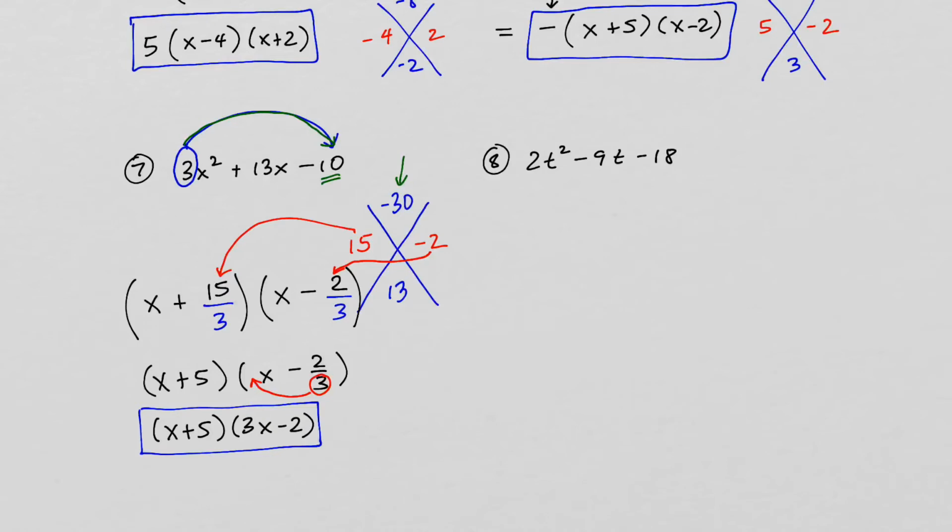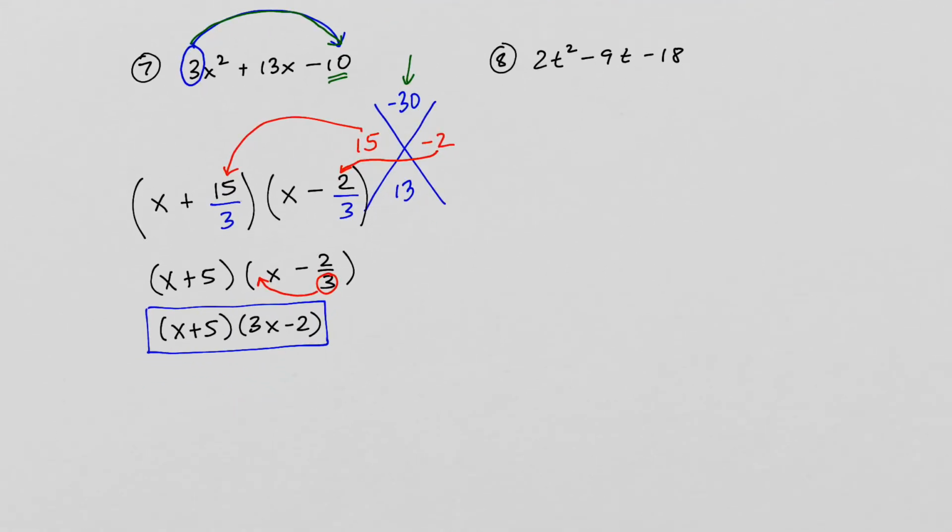Now, if you don't believe that, you can always check your answer. So you can multiply this out. X times 3x is 3x squared. So that's this term times this term. X times negative 2 is negative 2x. 5 times 3x is positive 15x.